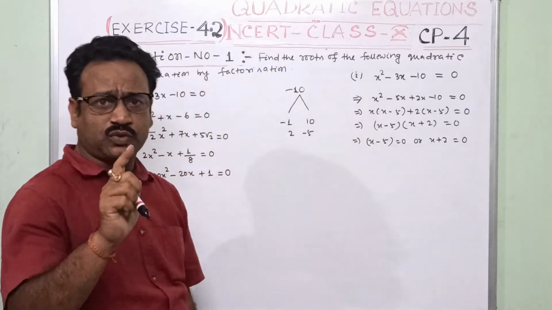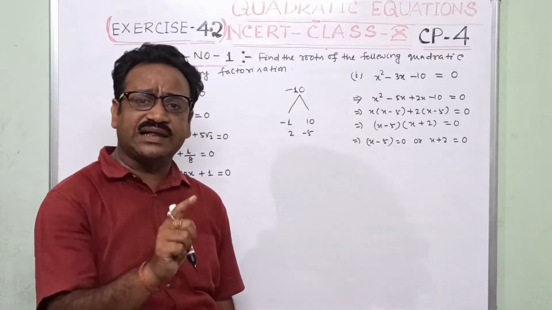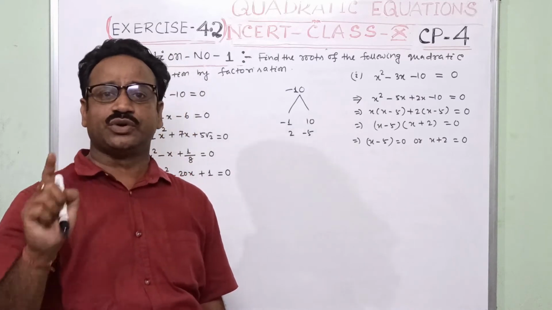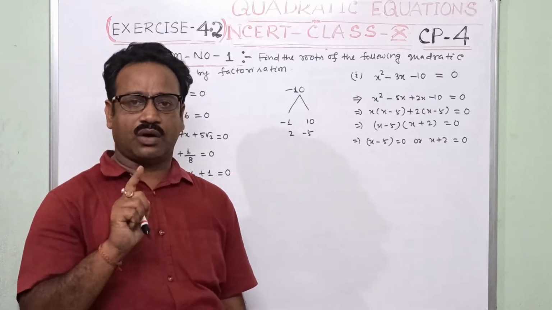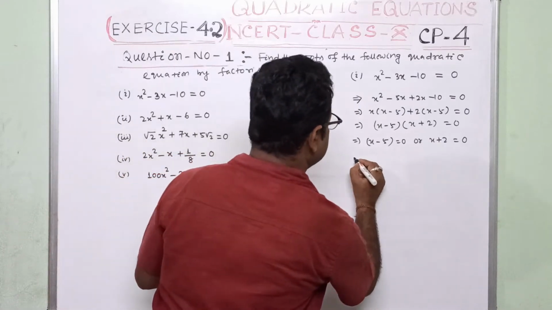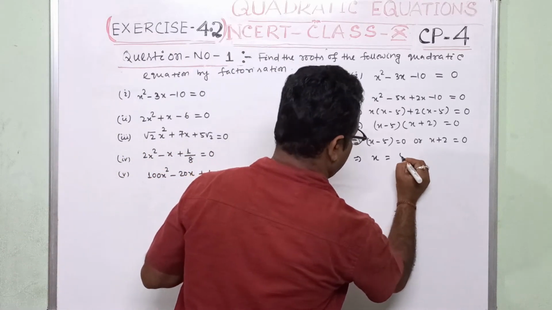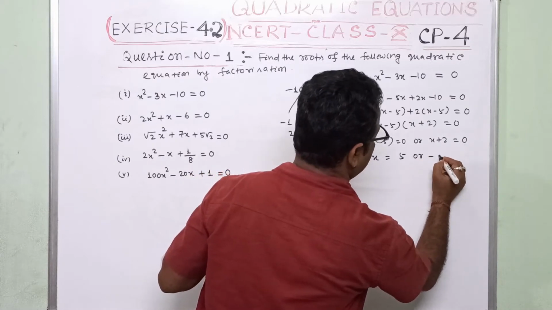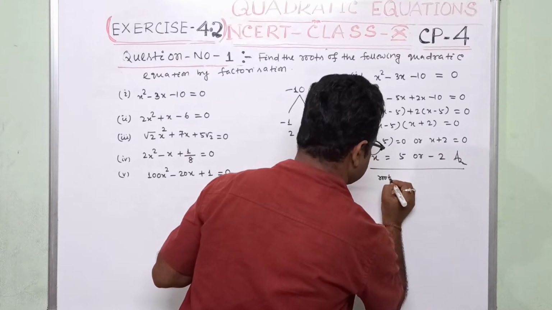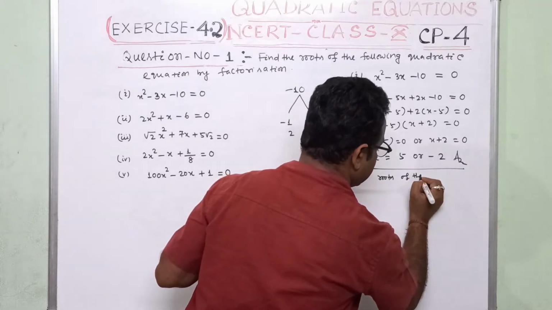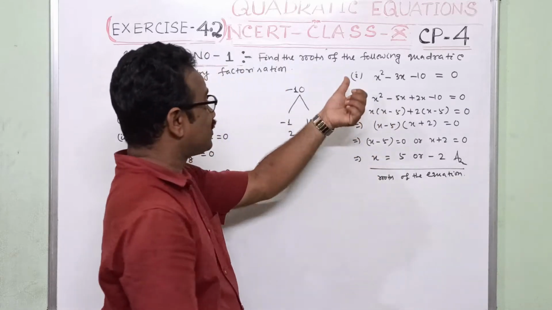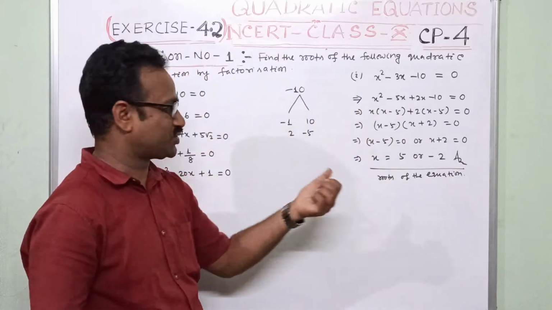If the product of A into B is equal to 0, then either A is 0 or B is 0. You know it. So x is equal to 5 or minus 2. So these are the roots of the equation. As it is a quadratic equation, it has two roots.